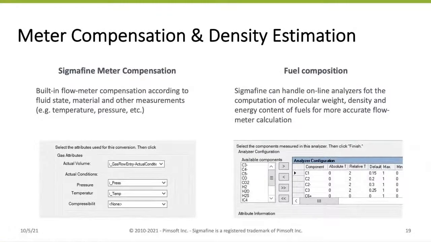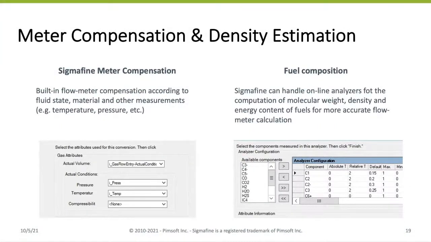Similar actions can be taken also on compensation of measurements, especially orifice plates, in order to correct the initial raw data with pressure, temperature, why not even compressibility factor of the gas if it is available.